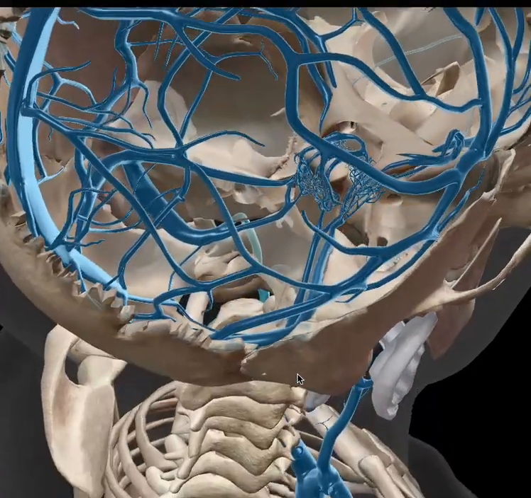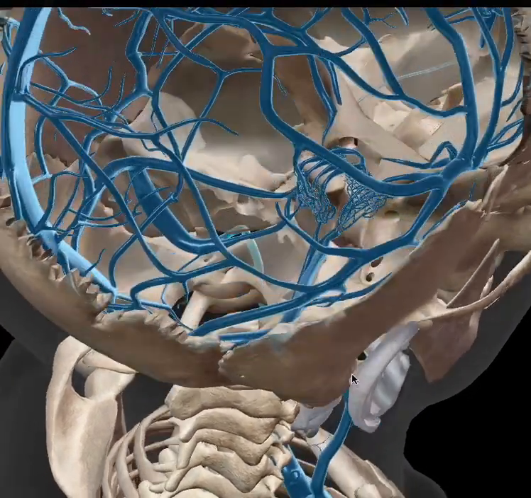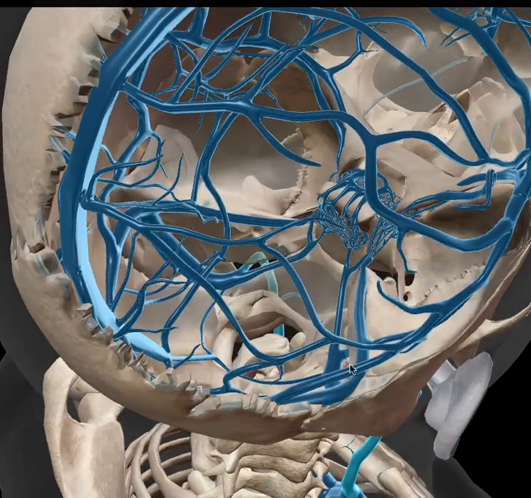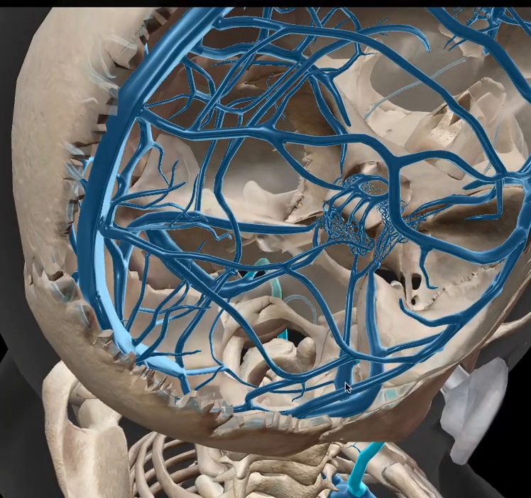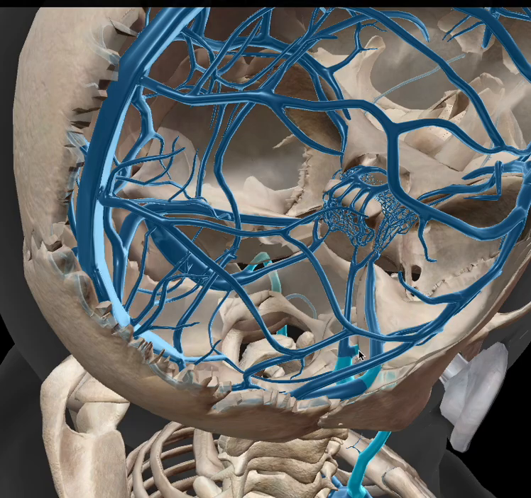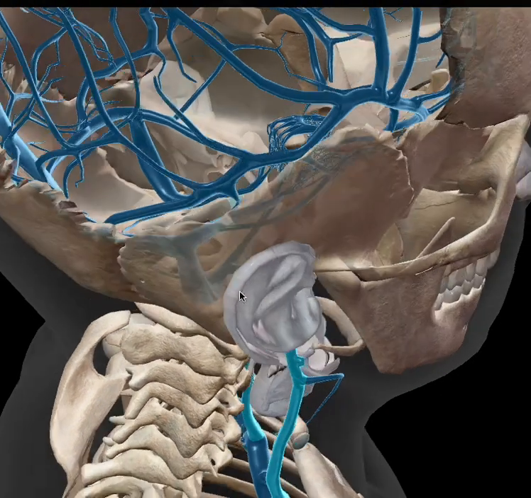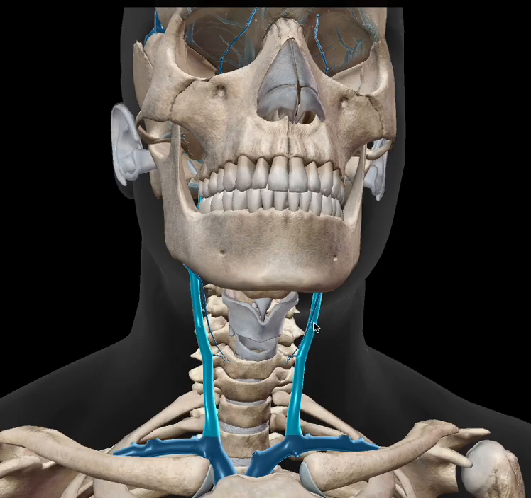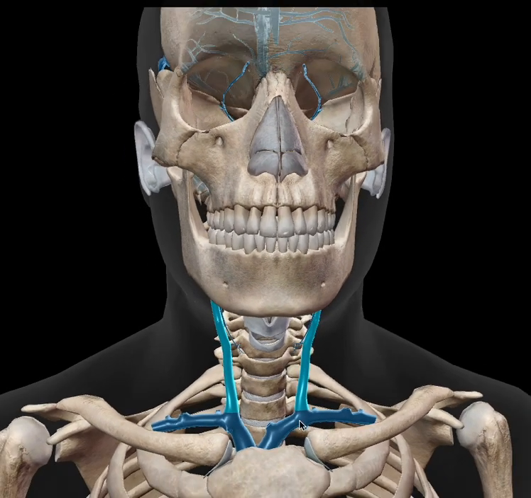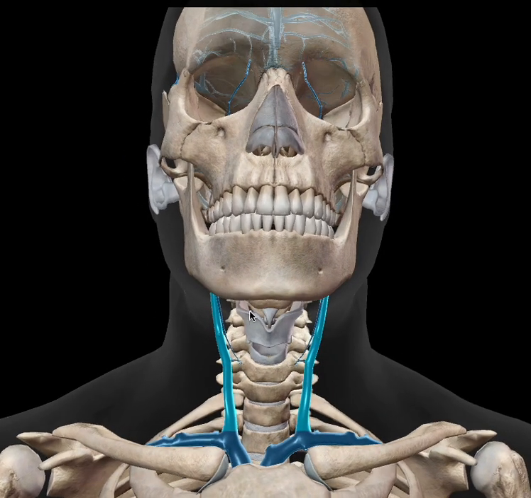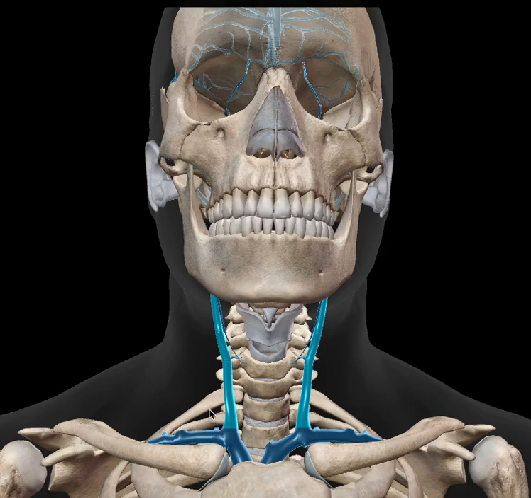You can see one right there on the left side, and of course there would be one on the right side as well. Here you can see the sigmoid sinus, and that's going to continue as the internal jugular vein going down. We can see our two internal jugular veins on this anterior view, coming down the cervical region.